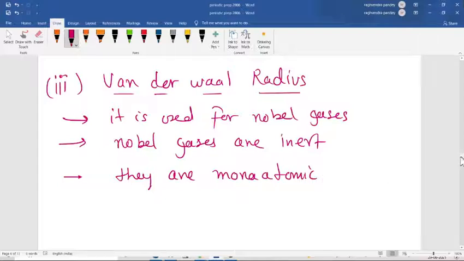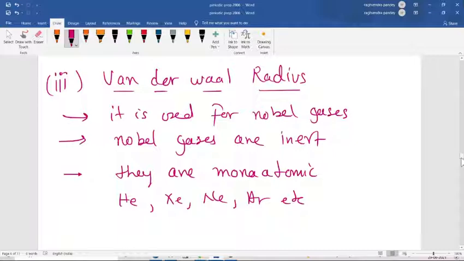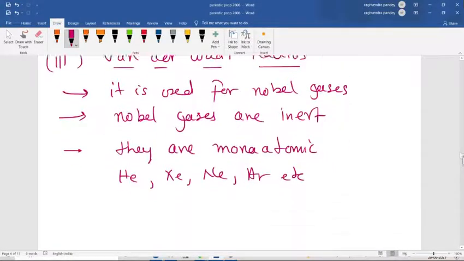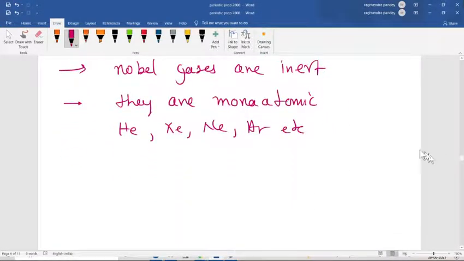Monoatomic means they exist as single atoms: helium, xenon, neon, argon, etc. Now it is difficult to measure a single atom. The measurement for the single atom is very difficult.